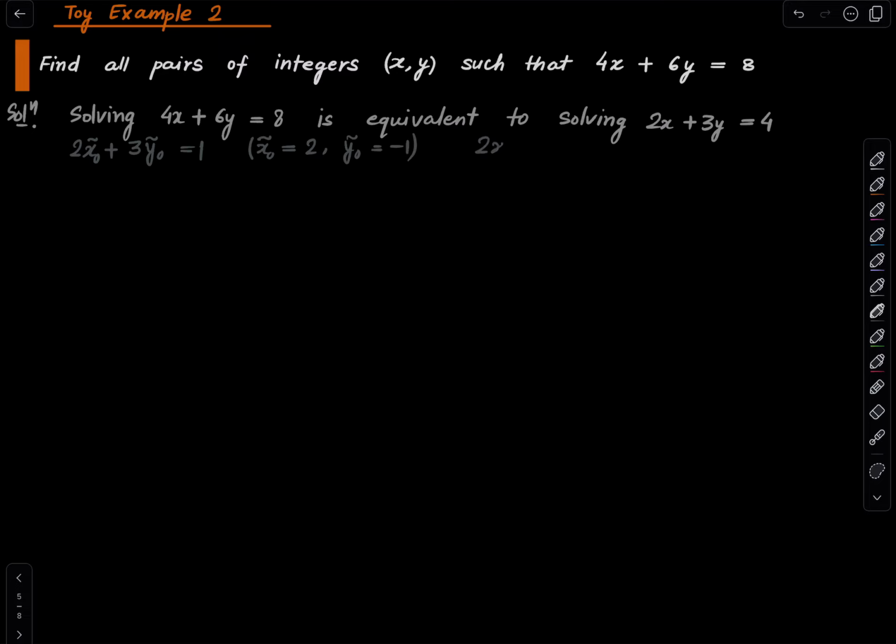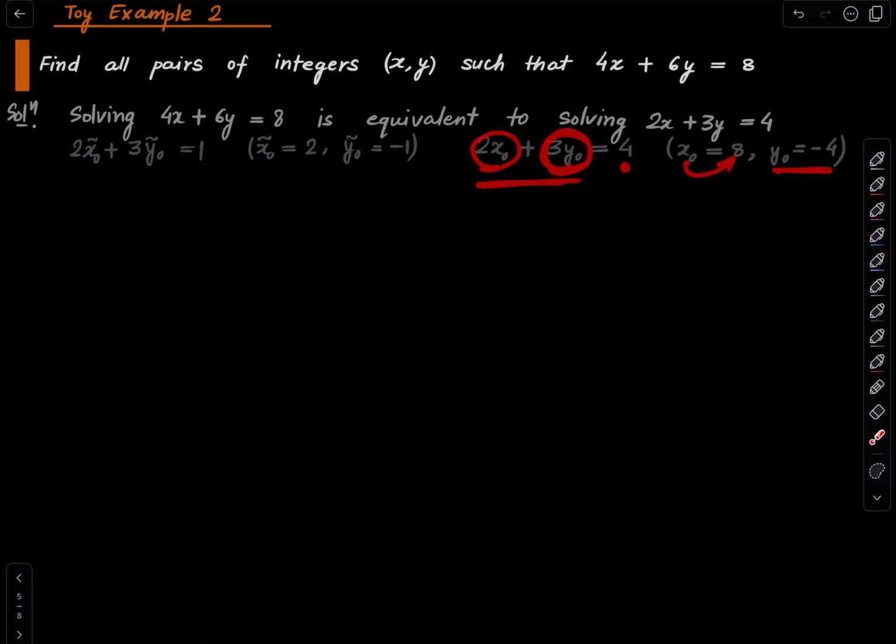So if you scale x naught tilde and y naught tilde by 4, you get x naught is 8 and y naught is -4. So clearly this is true. If you substitute x naught as 8, you get 16 over here, and y naught is -4, you get -12 over here.